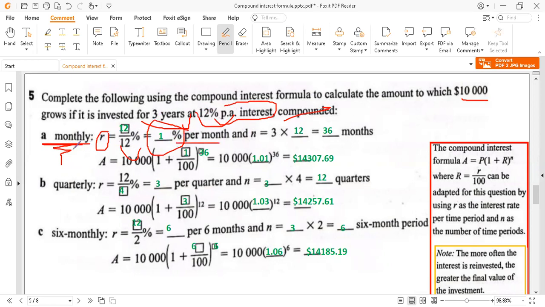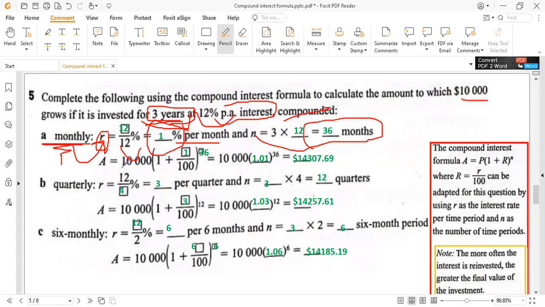If we count the rate in months, we should count the compounding period in months. So 3 years, each year being 12 months, gives 3 times 12 equals 36 months as a whole.